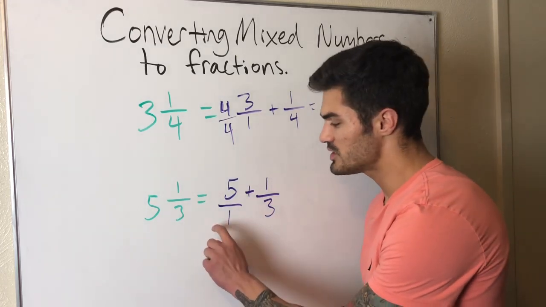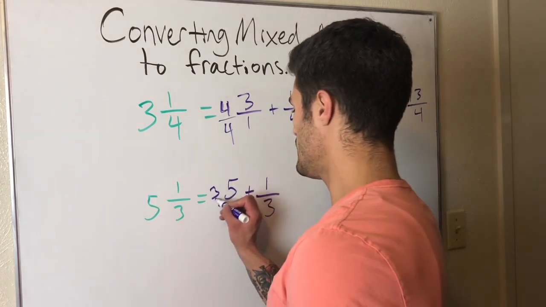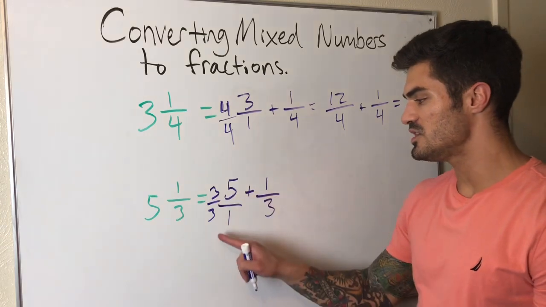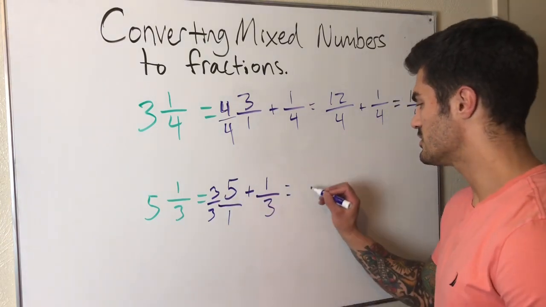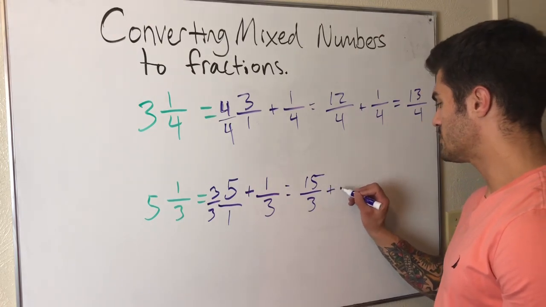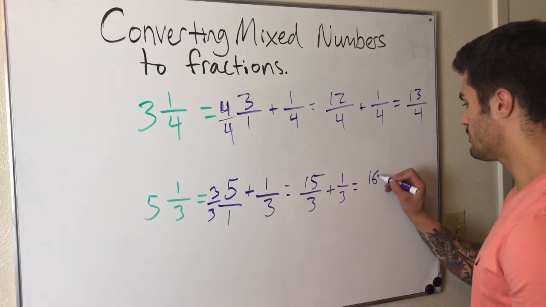And I'm just going to multiply this by 3 over 3 to get it to look like this. So 3 over 3, multiply across. I have 15 over 3. So this whole thing equals 15 over 3 plus 1 over 3, which equals 16 over 3.